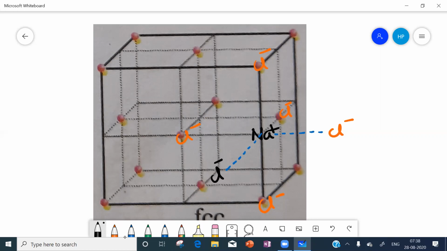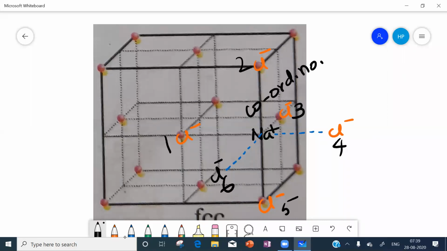Here Na plus is at edge center. For this Na plus, nearest neighbors are what? Cl minus. For a cation, the nearest neighbor is an anion only, no? So first Cl minus, second, third, fourth, fifth, sixth Cl minus.